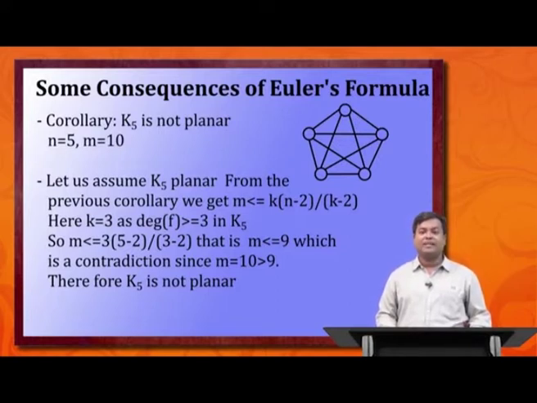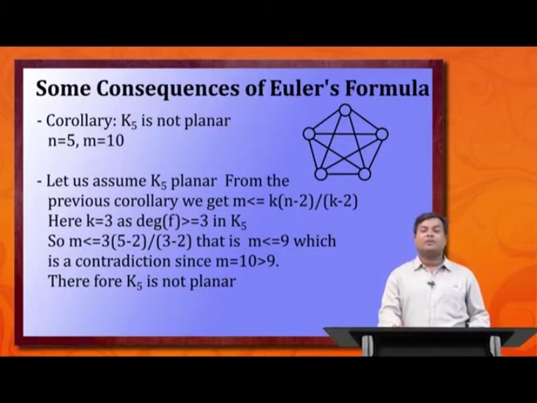So k is 3 here. If you replace the value of k, we get that m should be less than or equal to 9. So we have assumed that K5 is planar, used that corollary, and found that m should be less than or equal to 9. But actually m is 10. So our assumption is wrong. K5 is not planar.